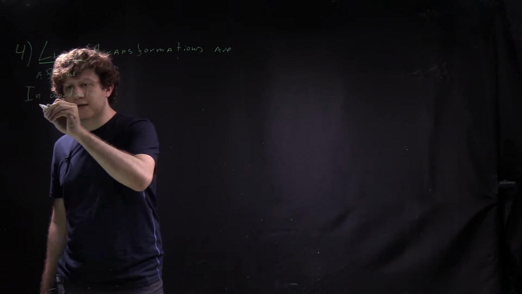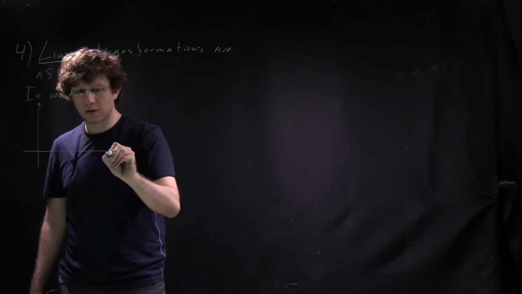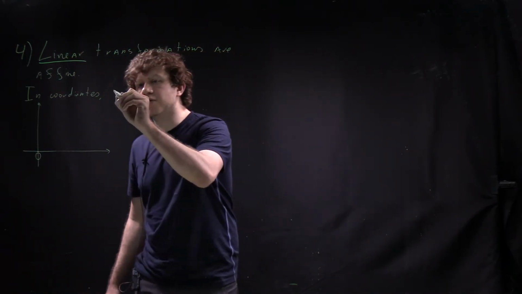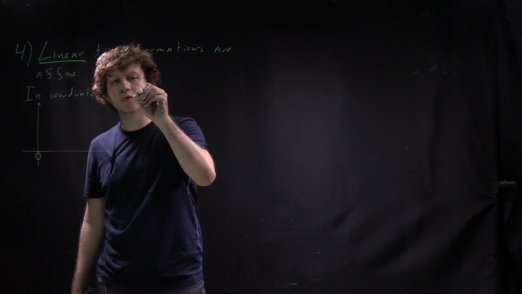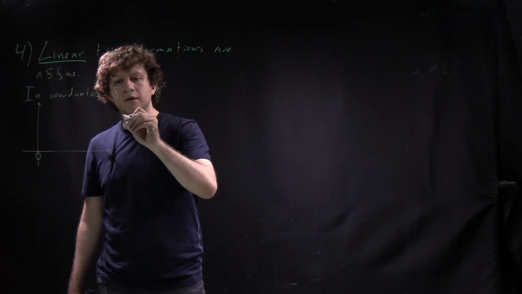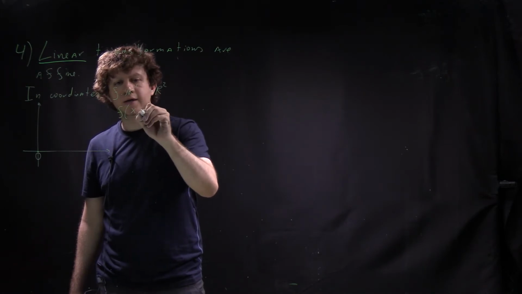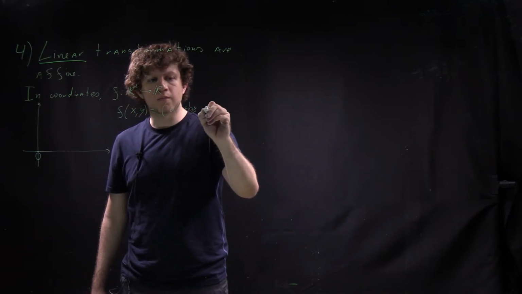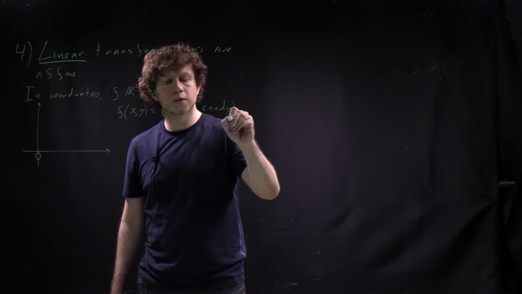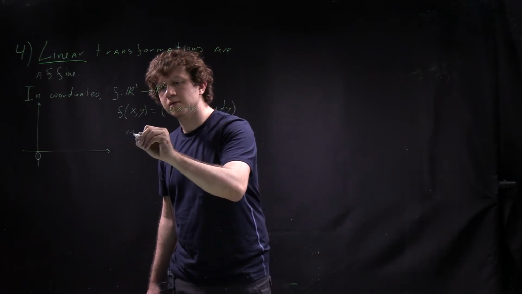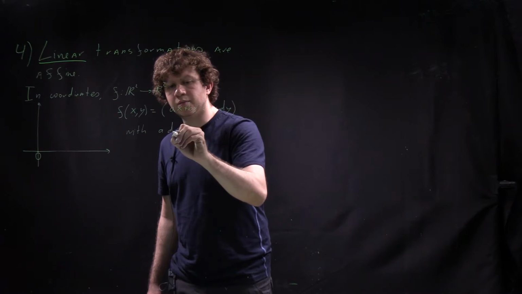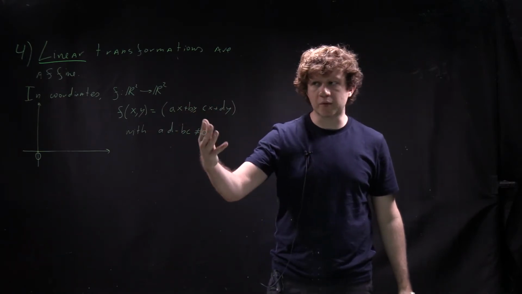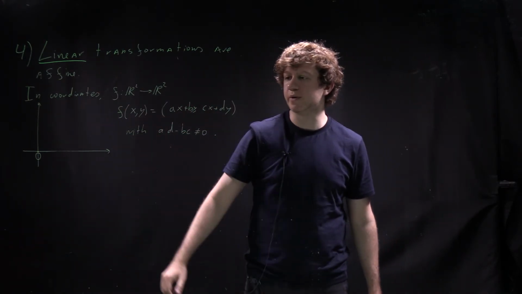So let's take Cartesian coordinates, and this is some point O. Then we look at transformations f from R2 to R2, sending f of xy to (ax plus by, cx plus dy), with ad minus bc not equal to 0. So this just gives a concrete formula for what is a linear transformation.